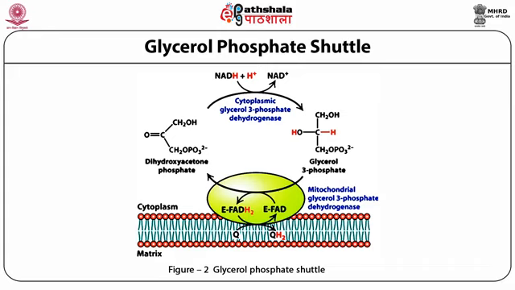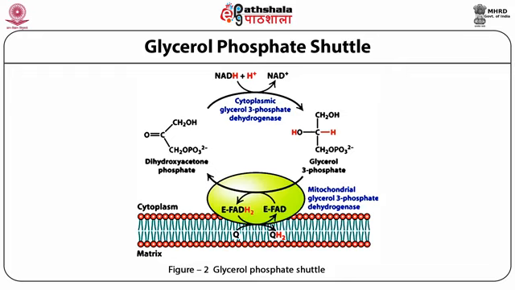In this shuttle, the enzyme glycerol 3-phosphate dehydrogenase 1 converts dihydroxyacetone phosphate to glycerol 3-phosphate by oxidizing one molecule of NADH to NAD+.